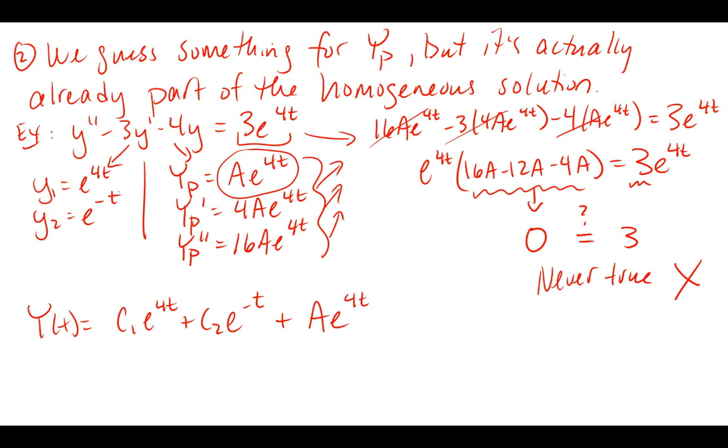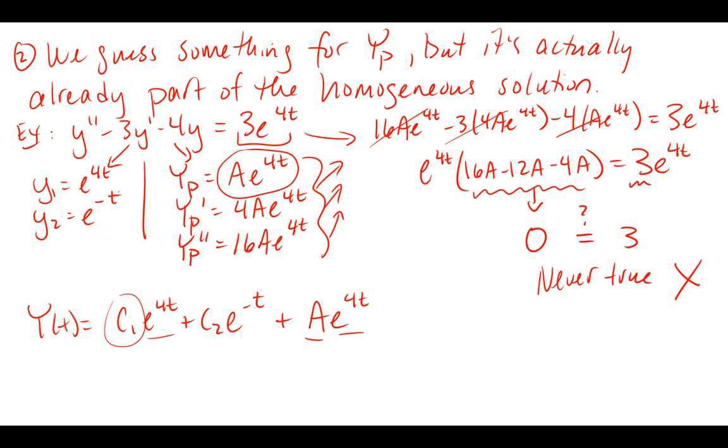But if you notice, this is a little bit silly, because what does this actually say? This is saying you can take any number of e to the 4t's and then throw in more e to the 4t's. This is kind of absurd, because C1 was already any number of e to the 4t's that you want.